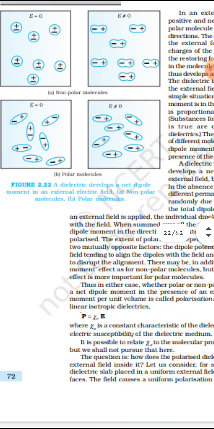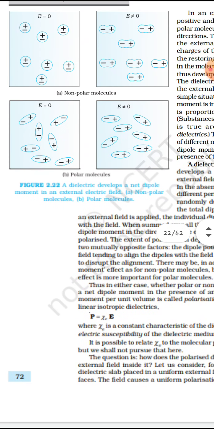So here you can also see the dielectric develops a net dipole, whether it is made of polar or non-polar molecules.